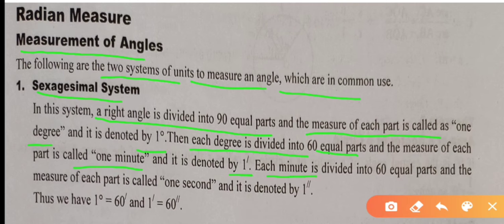And each minute is divided into 60 equal parts, and the measure of each part is called 1 second, denoted by 1 with a double dash. Thus we have 1 degree equals 60 minutes, and 1 minute equals 60 seconds. Got it? It is the first system where we can measure angles, right?